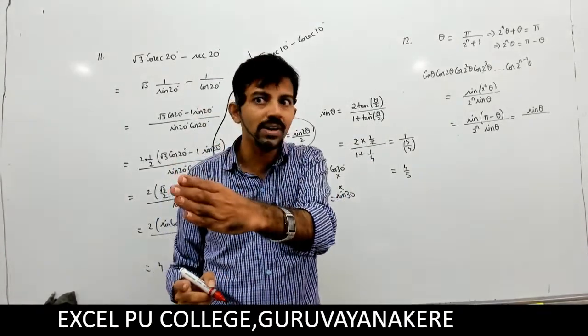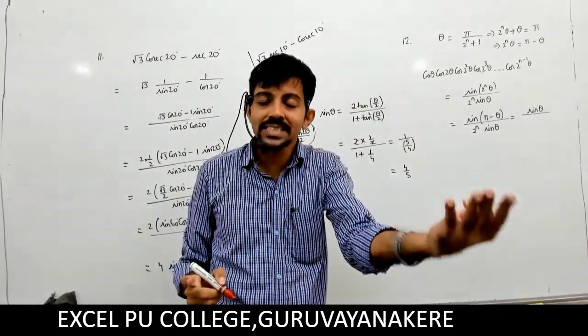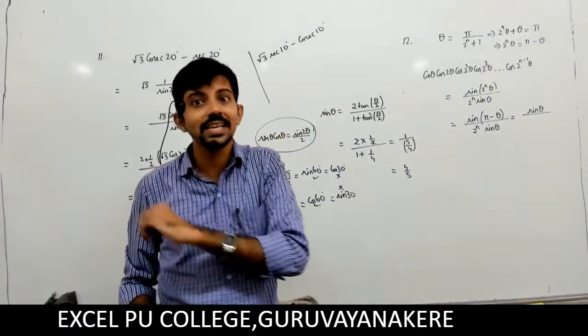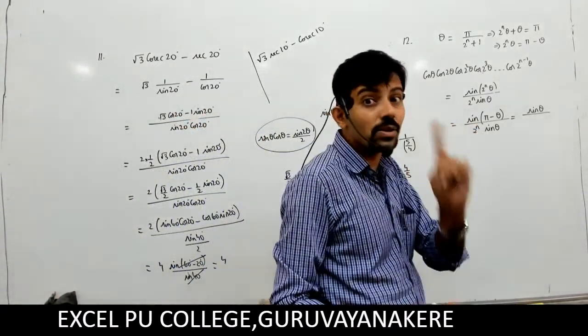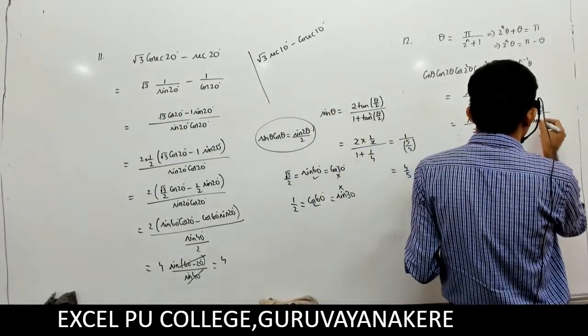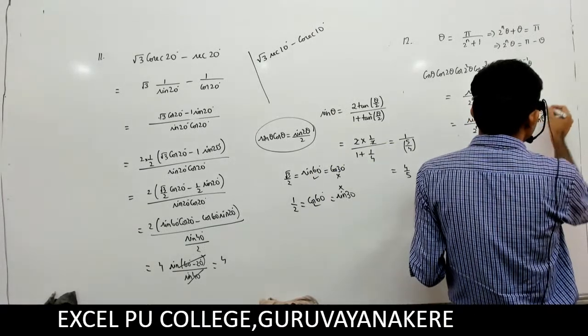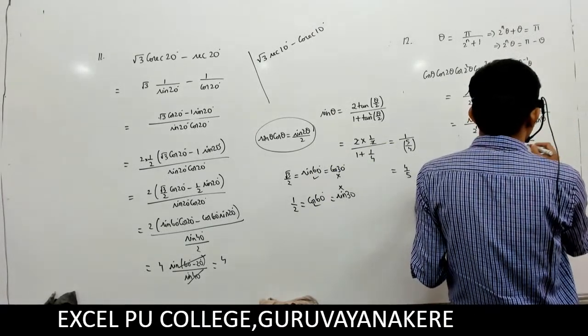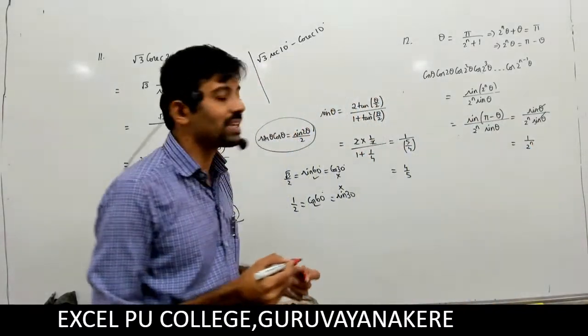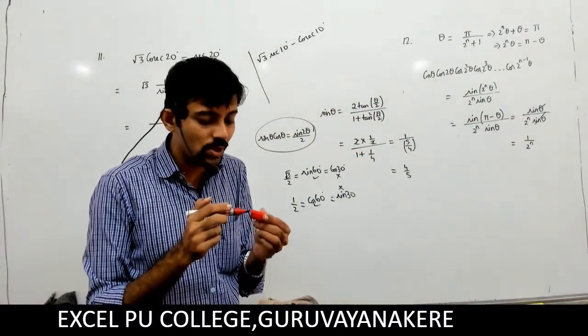First quadrant, all trigonometric functions are positive. Second quadrant, sine and cosec are positive. Third quadrant, tan and cot are positive. Fourth quadrant, cos and sec are positive. So sine of pi minus theta is sine theta, divided by 2 power n into sine theta. Sine theta cancels, and we get 1 by 2 to the power n. So the required answer is 1 by 2 power n.